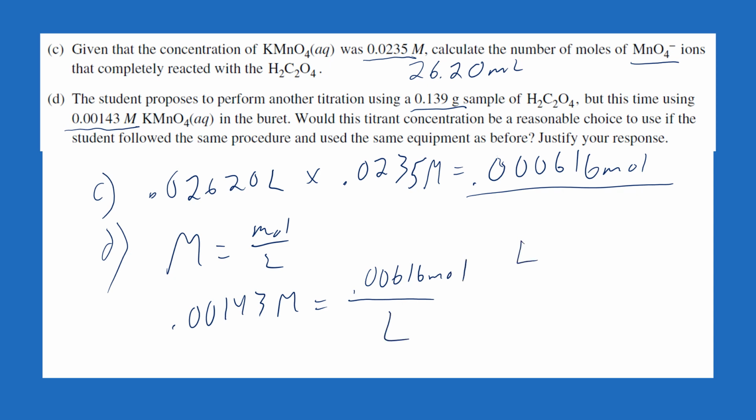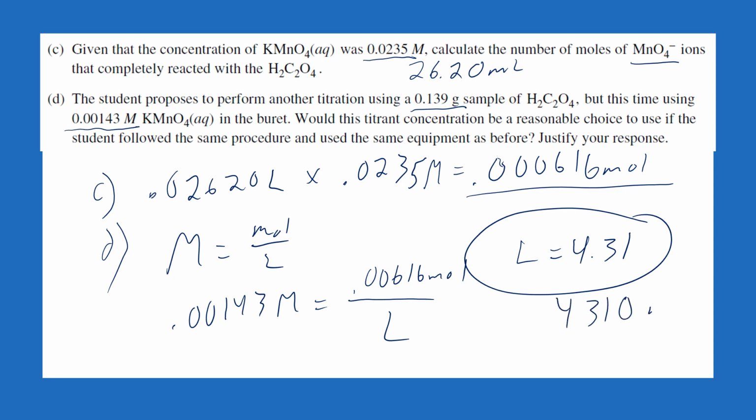And the liters that I get is 4.31 liters, or 4,310 milliliters. Given that it's a 50 milliliter burette, it is not a reasonable choice, because I would have to fill that burette up over and over and over again until I got to 4,000 milliliters. So no, it's not a good choice.